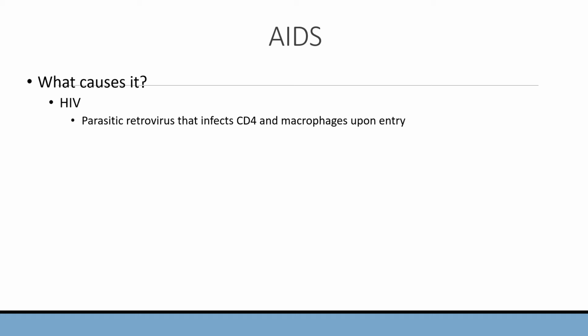We monitor it by measuring our helper T cell count. As this virus takes over our body, it reduces the amount of circulating CD4 cells, or helper T cells, and that leaves you immunocompromised.